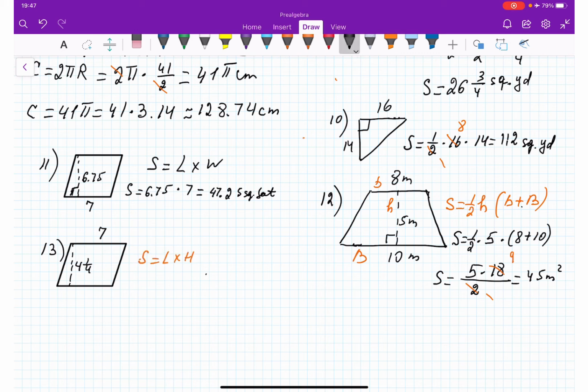So S is equal to 7 times 4 1/4, converted into an improper fraction. It's going to be 17 over 4.